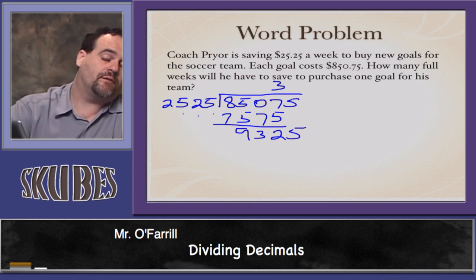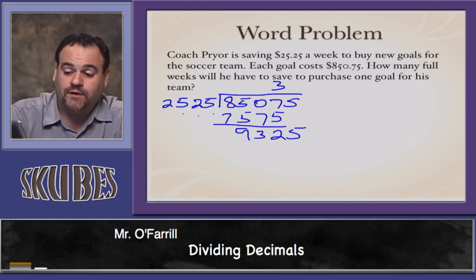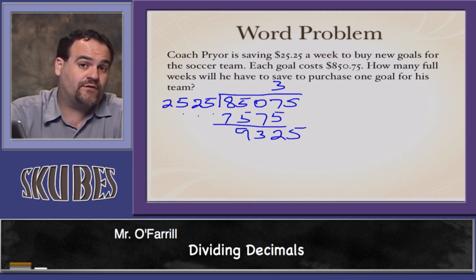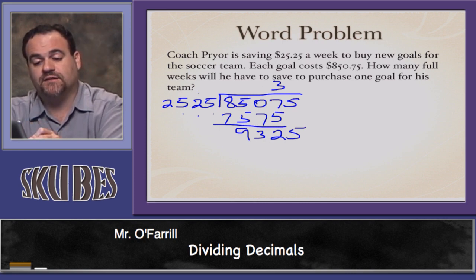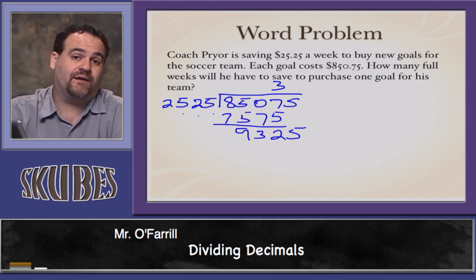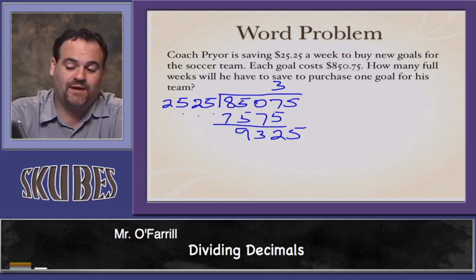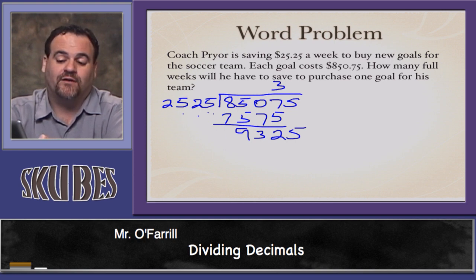And how many times does the number 2,525 go into 9,325? Now I already saw that 3 times this number gives us 7,575. And doing some quick mental math, we can at least estimate that the difference between these two numbers is less than this.